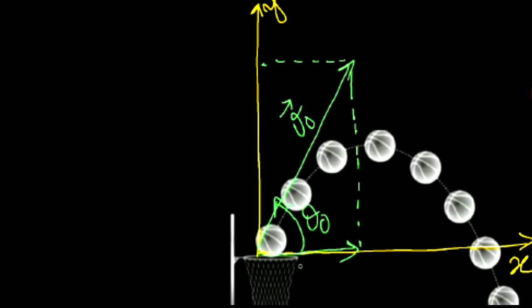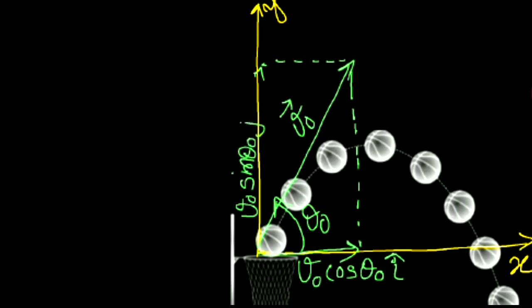Now let's take the components of vector v0. On the x-axis, v0 cos theta naught i cap, and on y-axis, v0 sin theta naught into j cap. Here i cap and j cap are unit vectors of x-axis and y-axis respectively.